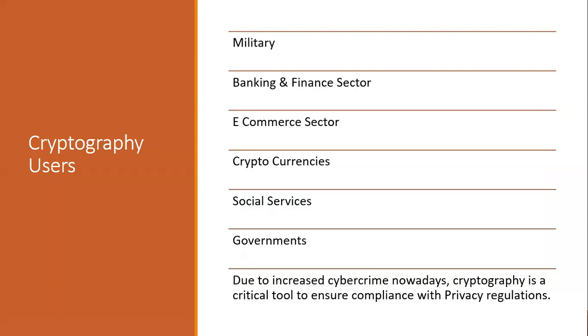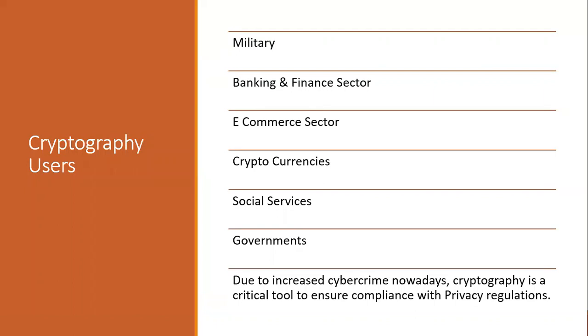What industries use cryptography? Well, we have the military, we have the banking and finance sector, we have the e-commerce sector, cryptocurrencies, Bitcoin, the entire blockchain system is heavily dependent on cryptography.